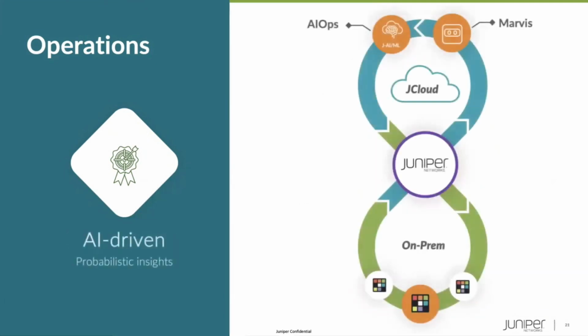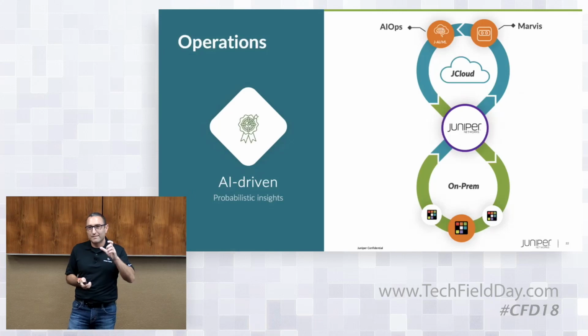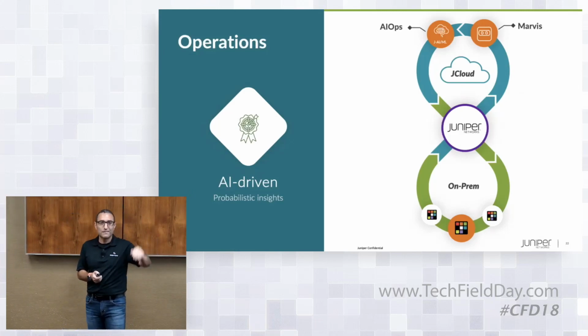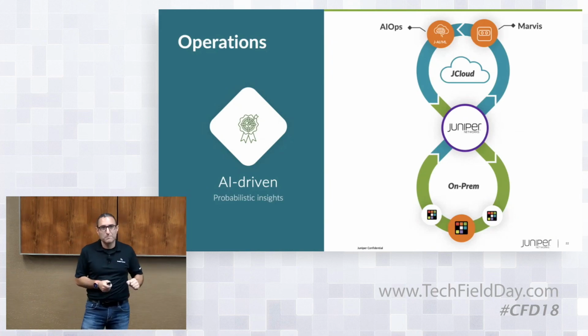And so, in addition to intent-based, we're adding in AI. The way to think of it is that intent-based really gives you this deterministic control. There is no room for probability when it comes to running your data center. The same way an autopilot runs a plane, when you tell it to go to 10,000 feet, you want it to go to 10,000 feet deterministically. That's essentially what intent-based means.